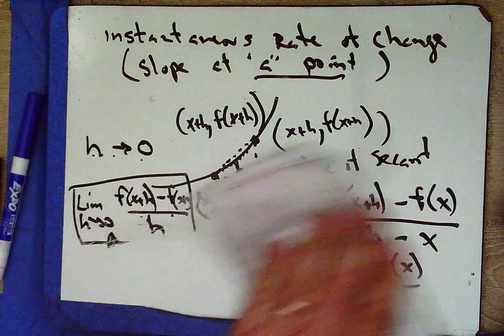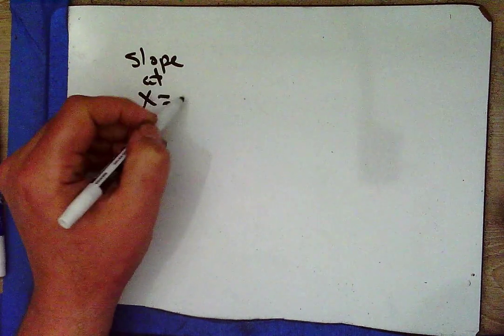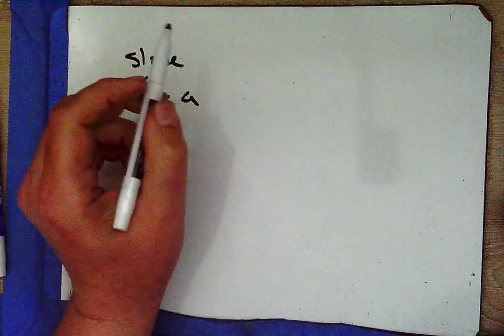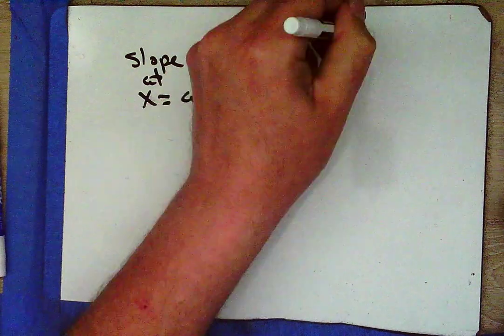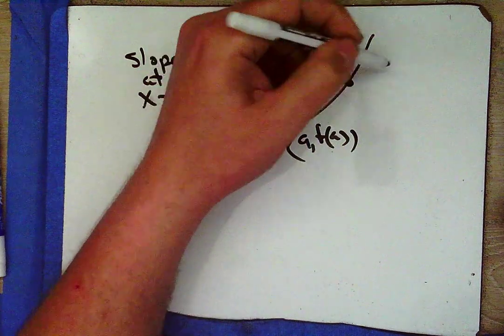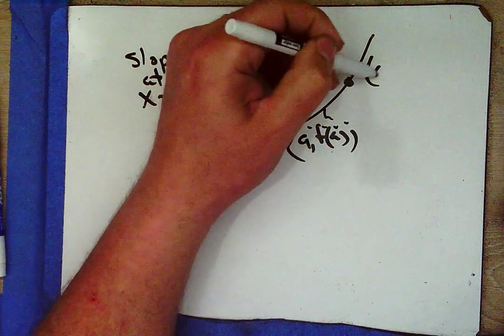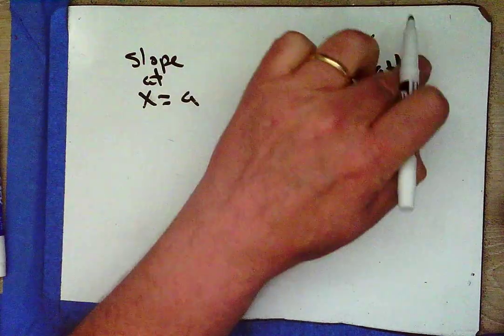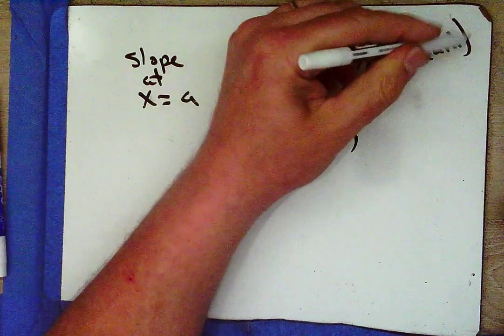Okay, so let's think about that. We've got slope at x equals a. That's what I want to find out. So I've got my curve, I've got my point a comma f of a, I've got another point up here where I went over an amount called h. So this is a plus h comma f of a plus h.